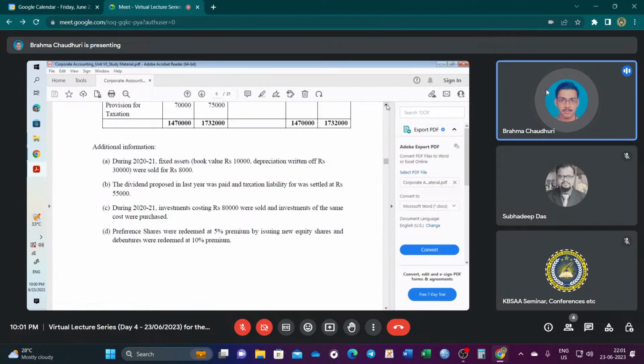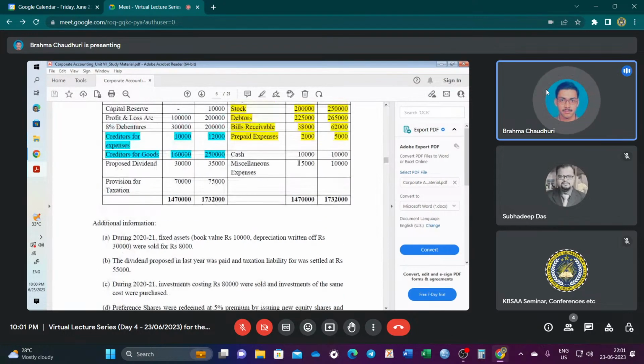But we will also find that in the balance sheet, miscellaneous expenses have reduced from 15,000 to 10,000. Miscellaneous expense is nothing but a fictitious asset that is written off every year. Certain amount is written off every year. So by analyzing this balance sheet, we can straight away assume that miscellaneous expenses of 5,000 have been written off during the year, since it has reduced from 15,000 on the opening date to 10,000 on the closing date.